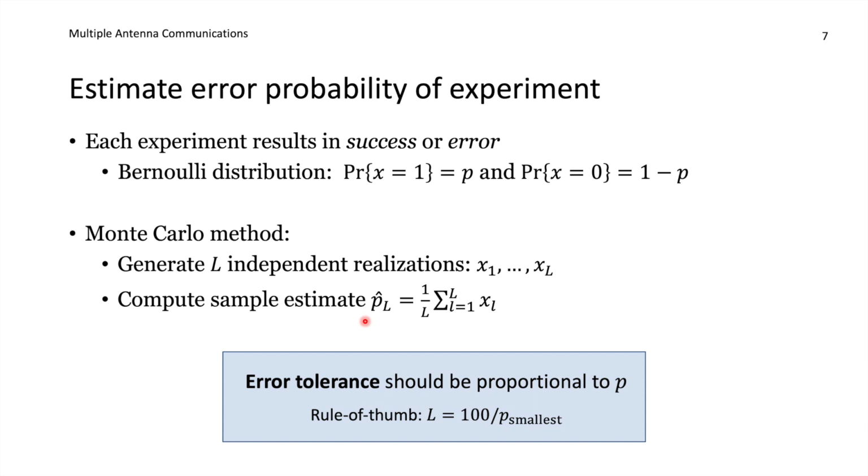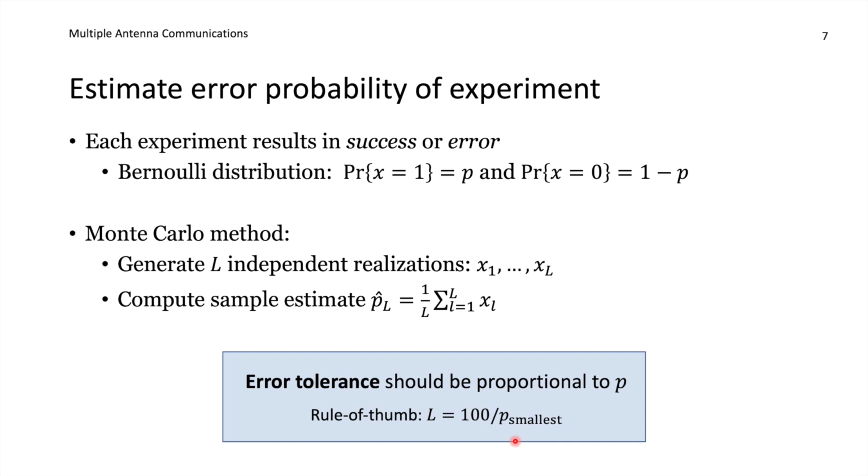The problem is that error probabilities, particularly in wireless communications, can vary by orders of magnitude, and therefore it's not so convenient to set an error tolerance as an absolute number. We instead would like to have something that, for example, is relative to the size of the true value. One common rule of thumb is to figure out what is the smallest error probability that we will be interested in measuring.